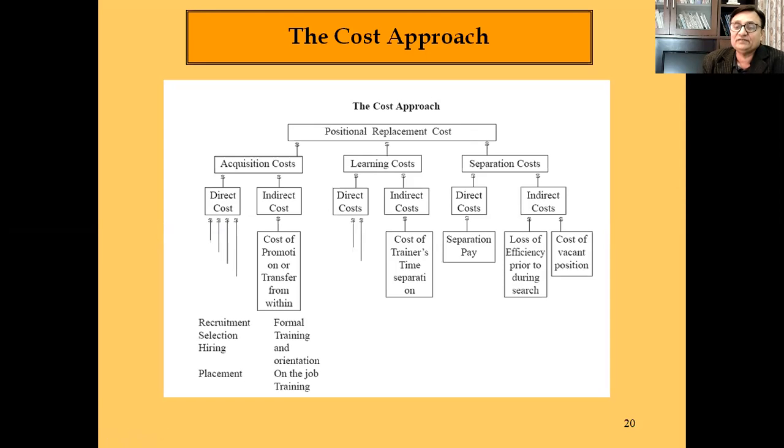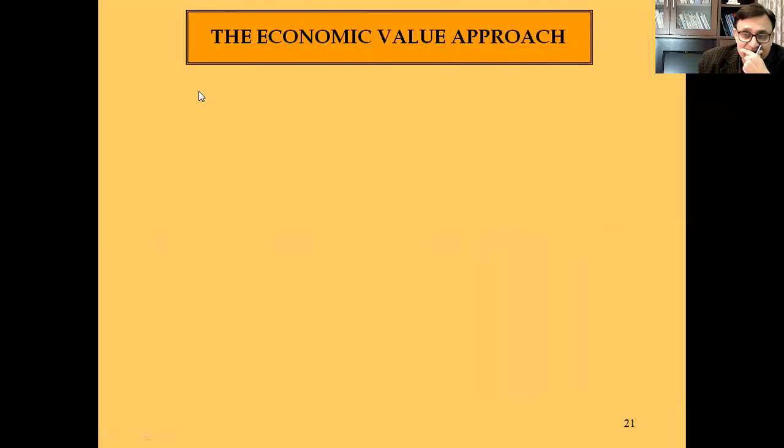If a position remains vacant in the organization, then you have to incur certain costs because your work efficiency is affected by that. So as far as the cost approach is concerned, you find the acquisition cost, learning cost, and separation cost, and make the appropriation and apportionment according to some designed methodology, then find out the total cost of human resources in your organization. Second value is the economic value approach.